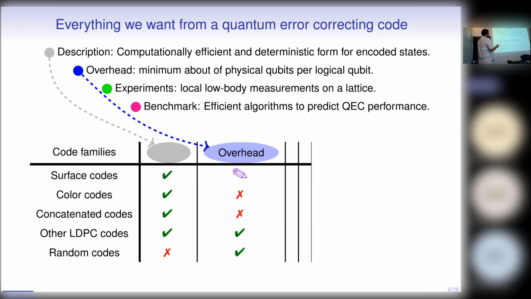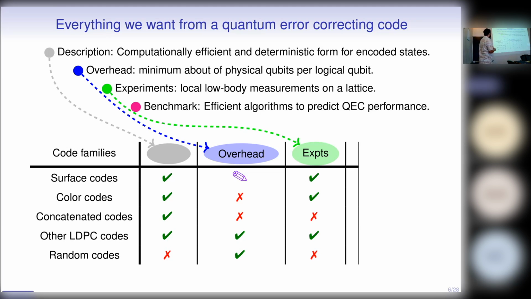With other LDPC codes, the overheads are good, but they're hard to study. Now, for experiments, it turns out that surface codes are actually quite good in terms of implementing them on a device. And concatenated codes are not that good.